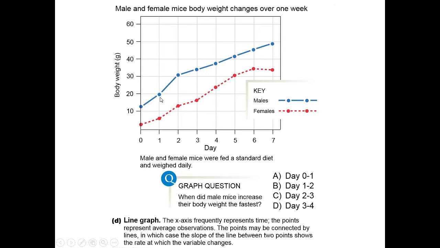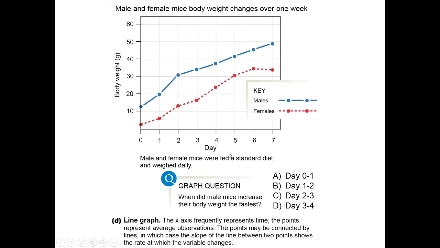Looking at these lines here between the dots, we can look at the slope of these lines. The slope of the line indicates rate of change. And if we want to know what it increases the fastest, we want to find the steepest increase. So looking at males, the blue line, the steepest increase happens between days 1 and 2. Male mice increase their body weight the fastest on days 1 to 2.